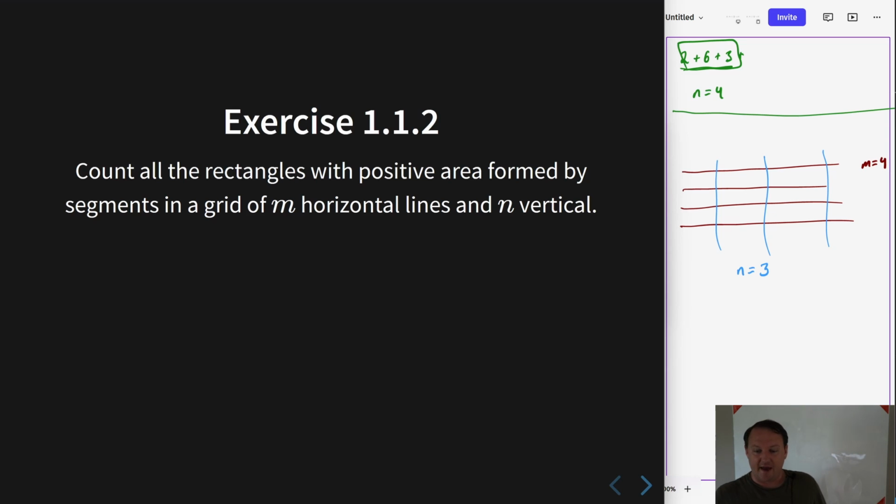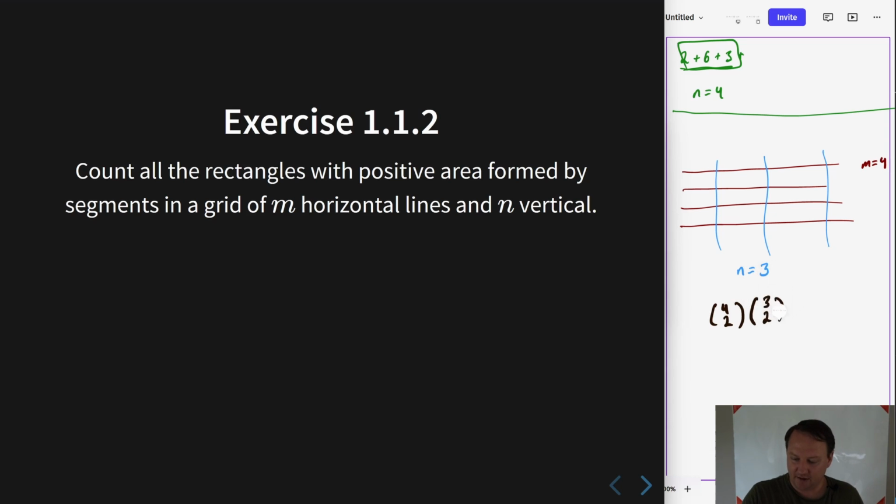So effectively, that means that the number of ways of choosing two of the available four horizontal lines is 4 choose 2. That's the number of ways of picking the horizontal lines, and then for every choice of horizontal lines, we get a new batch of rectangles by every choice of picking 2 vertical lines out of the available 3, so that's 3 choose 2.